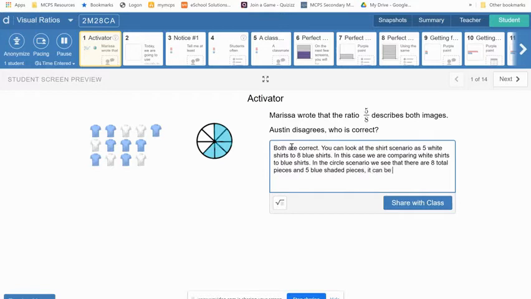It can be read as 5/8, or 5 pieces out of 8 total pieces. So they're both correct. They're just using 5/8 in a different way. 5/8 for the circle represents a fraction. 5/8 over here represents a ratio.